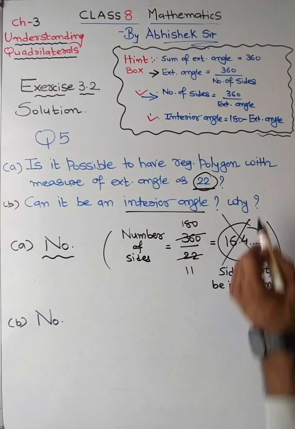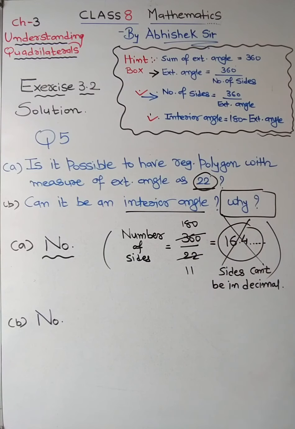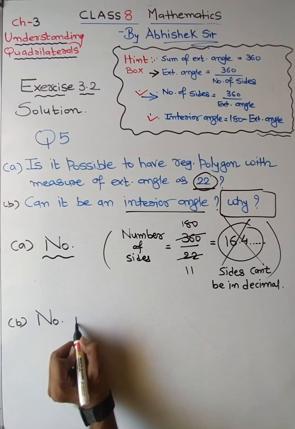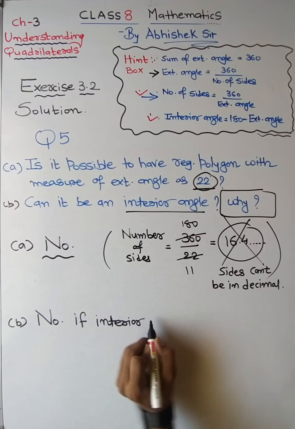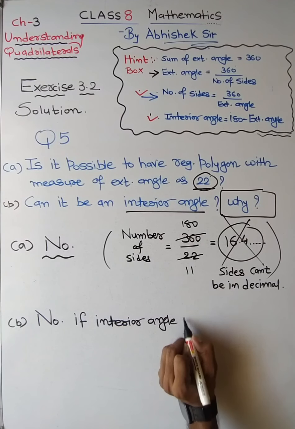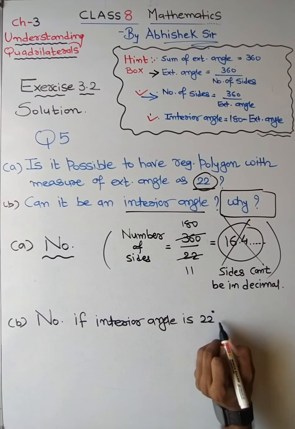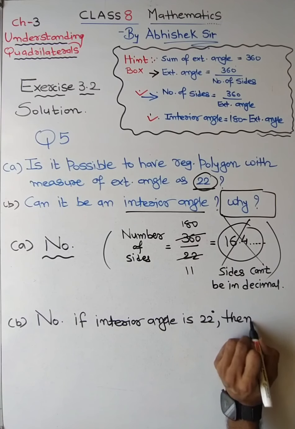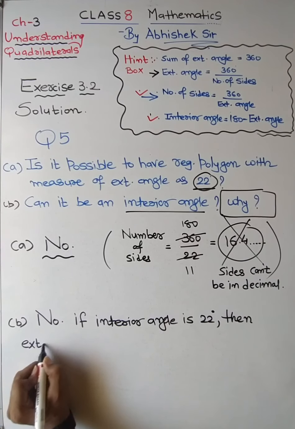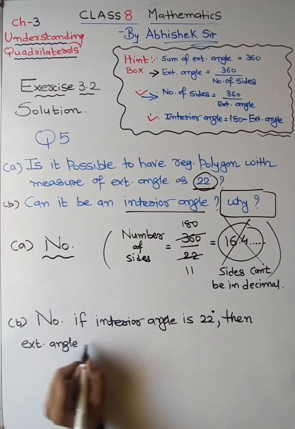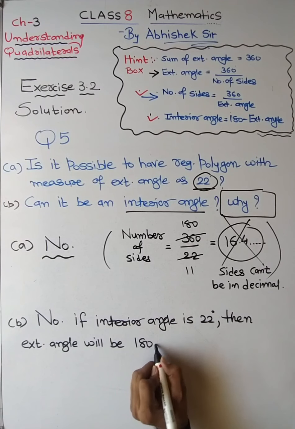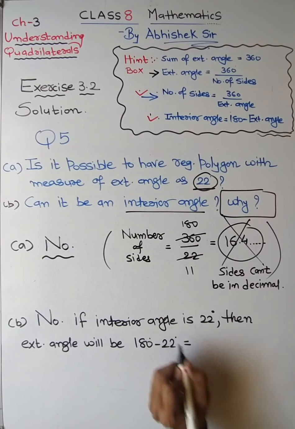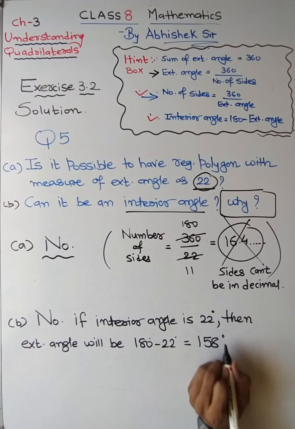But here they have asked why, so let us give the reason. We will write: if the interior angle is 22, then the exterior angle will be 180 minus 22, and that will be 158.